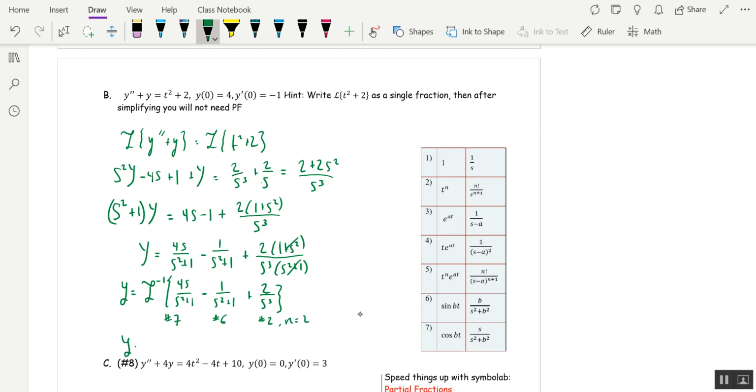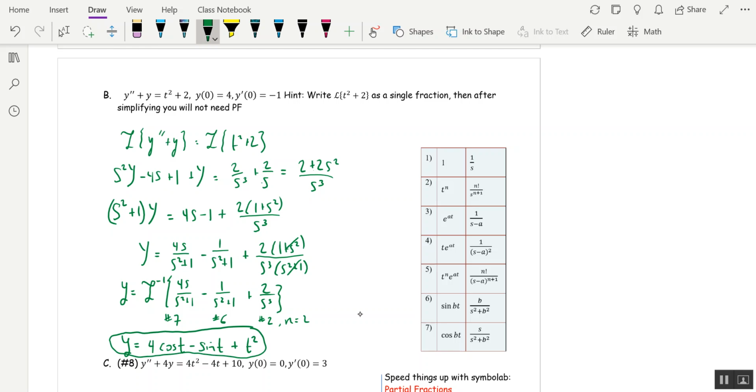So little y is, pull the 4 out, 4 cos t, and then this one's good to go, minus sine t, and then this last one would be plus, let's see, it's already in the right form, t squared. That's my answer.